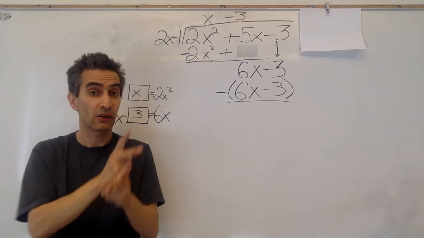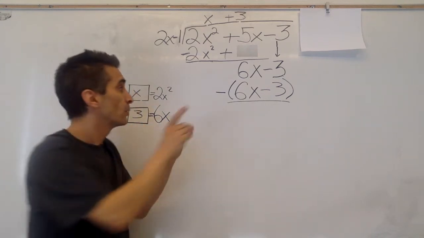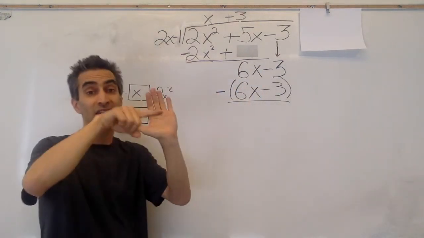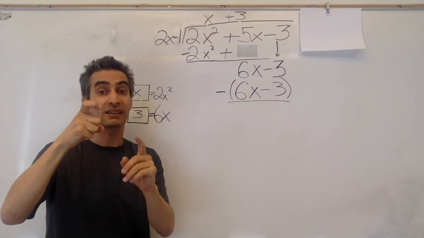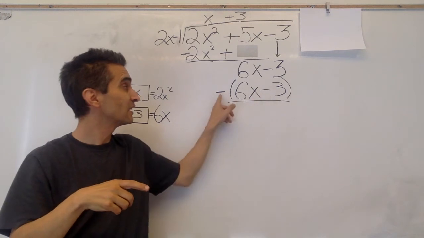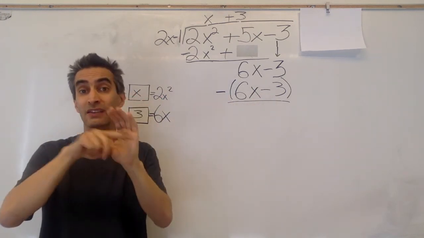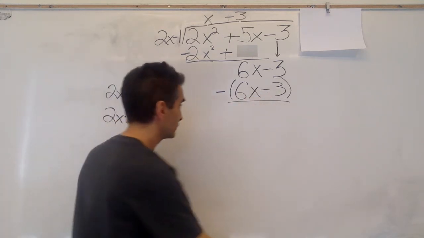Again, we've got to be careful here. Why? Because we've got to distribute that negative sign to both terms. We have to distribute to the 6x and to the negative 3. That means the negative multiplied by positive 6x equals negative 6x, and the negative multiplied by negative 3 is going to equal positive 3.